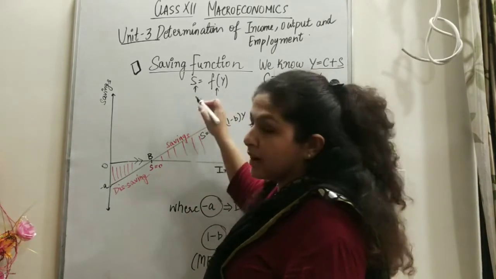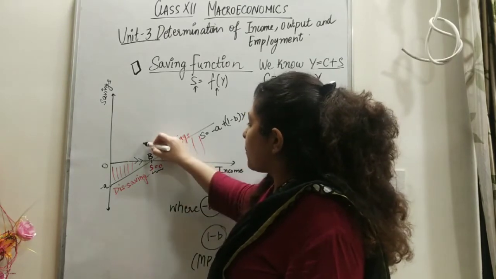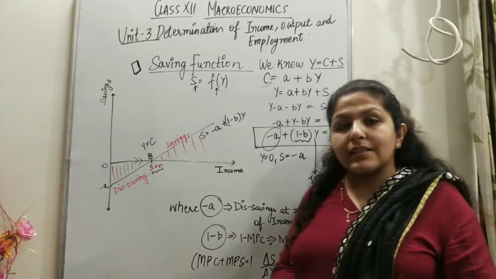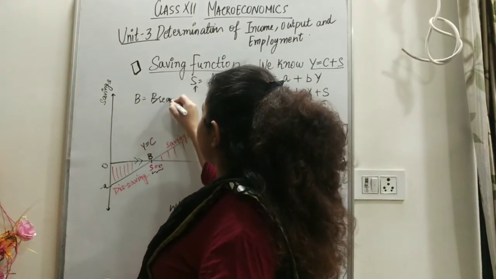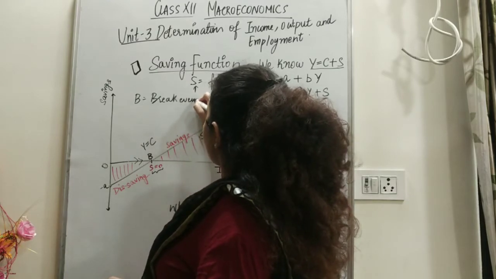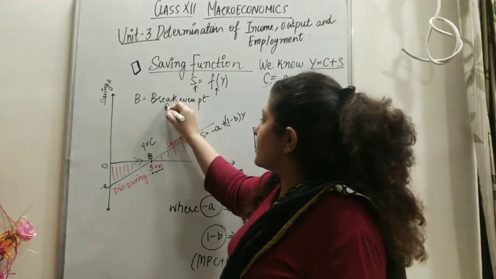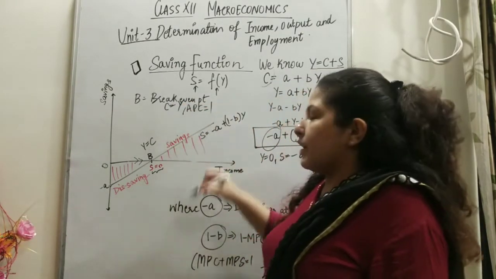So saving and income are directly related. Once the saving reaches 0, that point is known as the break-even point. B is known as the break-even point, where C is equal to Y and APC is equal to 1, right?